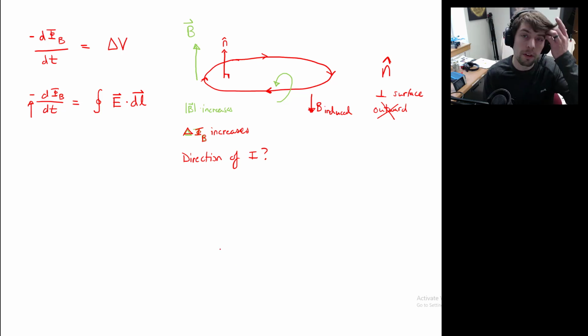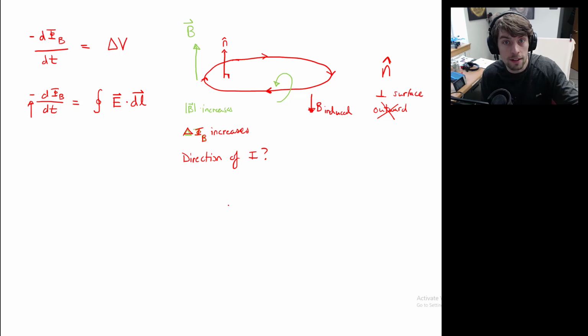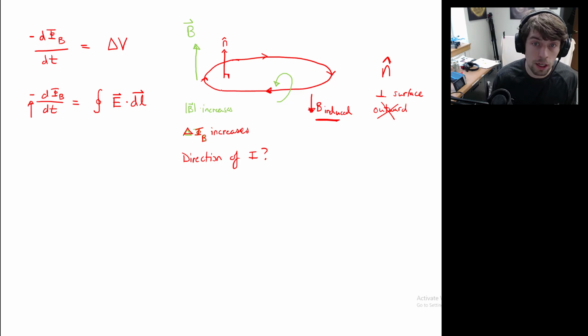So in this situation, if the magnetic field strength is increasing, the flux is increasing, the induced magnetic field will want to oppose that increase, which means inside the loop, it should be pointing downwards. And that means that current should be running in the direction shown in the figure.